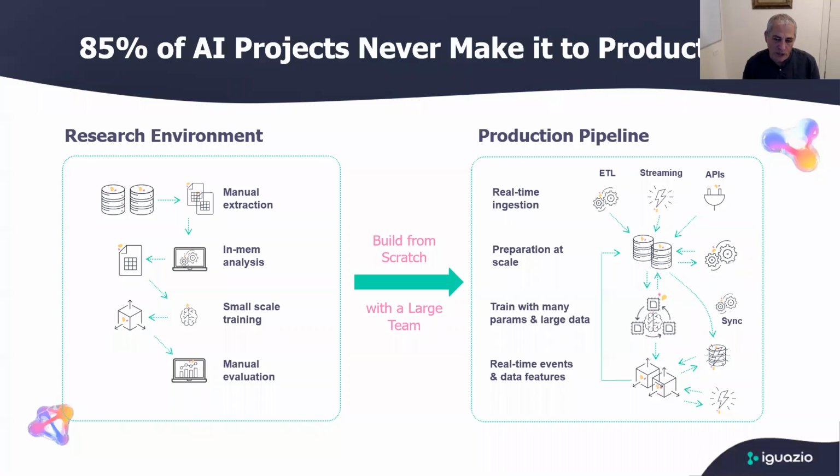When the data is more fresh, we can make more accurate decisions. And also APIs. Today a lot of the data is served through APIs.